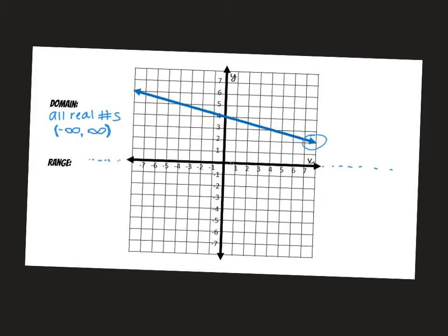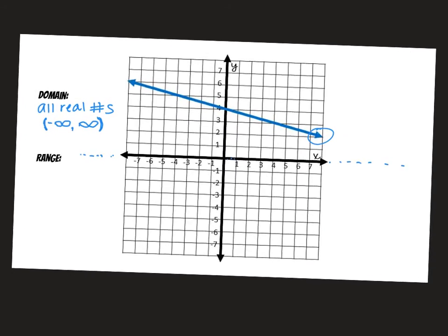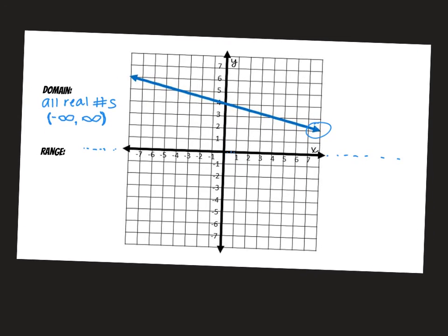So our range is actually the same as our domain here, and we have all real numbers. In our interval notation, when it's all real numbers, we know it looks like this every time. Okay.